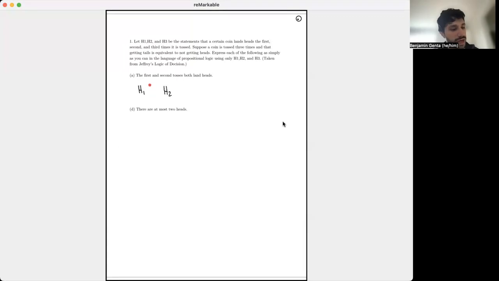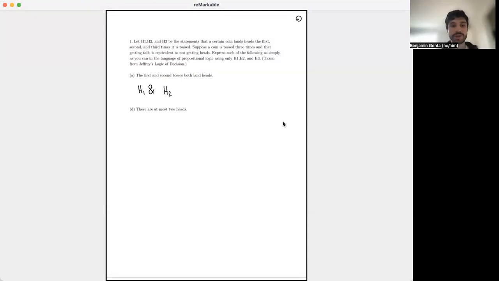The question is, which connective are we going to put over here? Note that it says the first and the second toss both land heads. So if we put an or over here, we just need one of the outcomes to be heads, right? It could either land heads on the first or land heads on the second, but we want both. So actually, this should be the and, that's it.